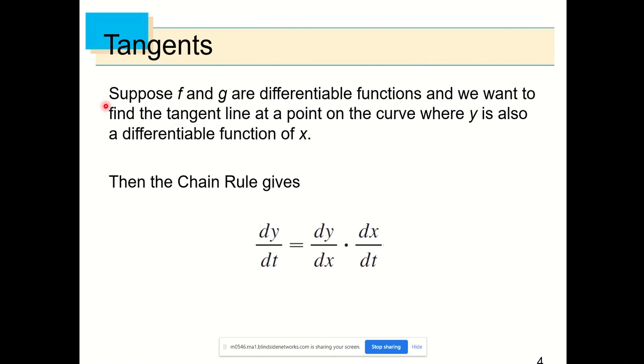And we want to find the tangent line at a point on a curve where y is also a differentiable function. So the important thing here is that all these functions and y are differentiable functions of x.